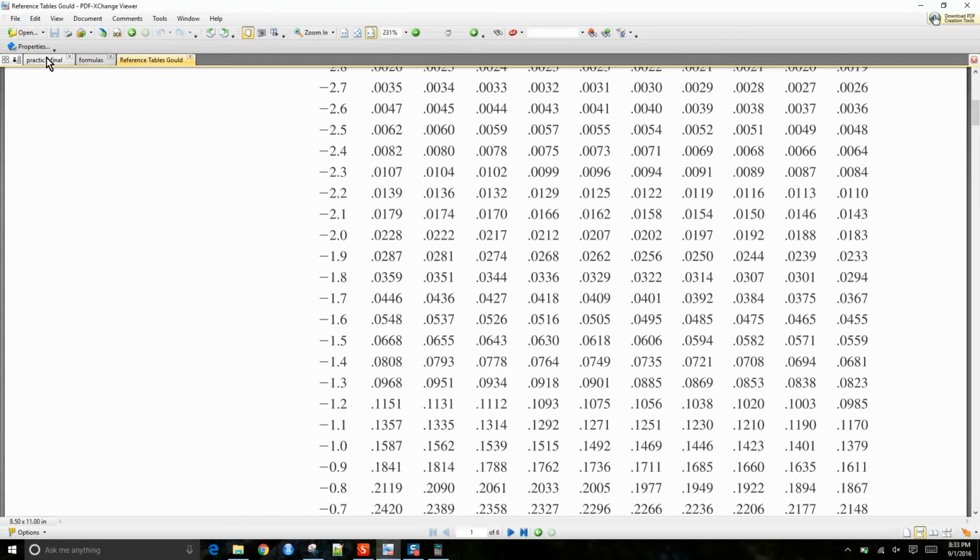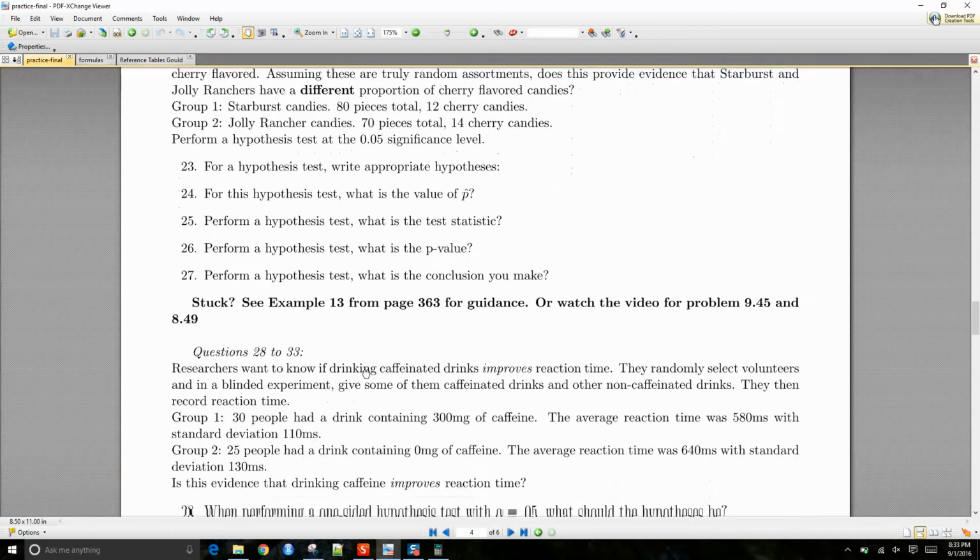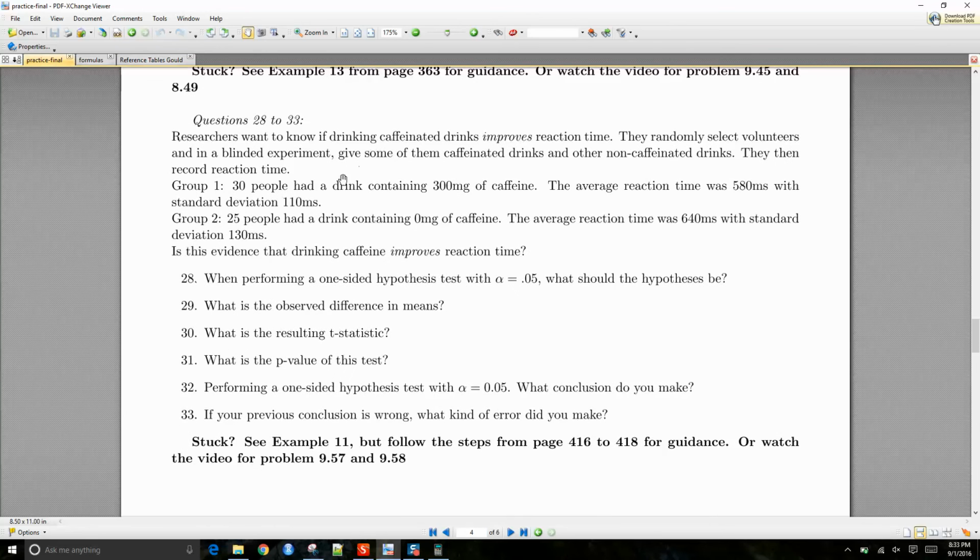Okay, moving right along. Okay, so here we're going to look at caffeinated drinks, see if they improve reaction time.